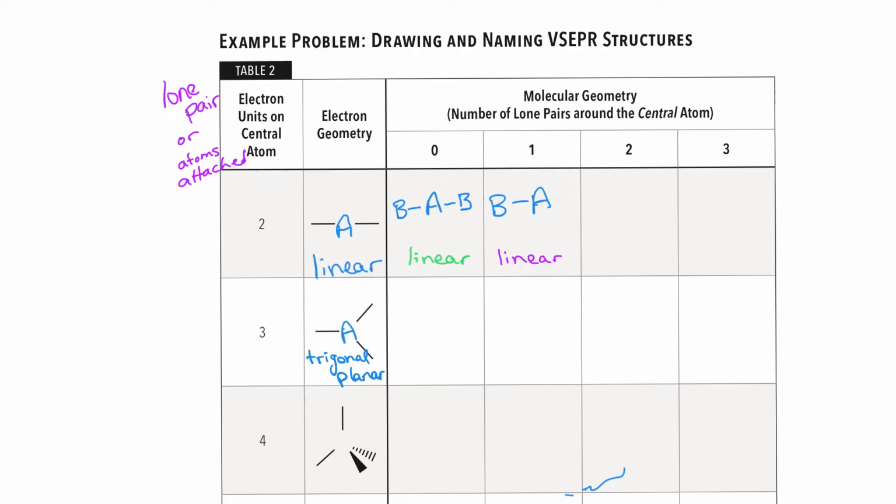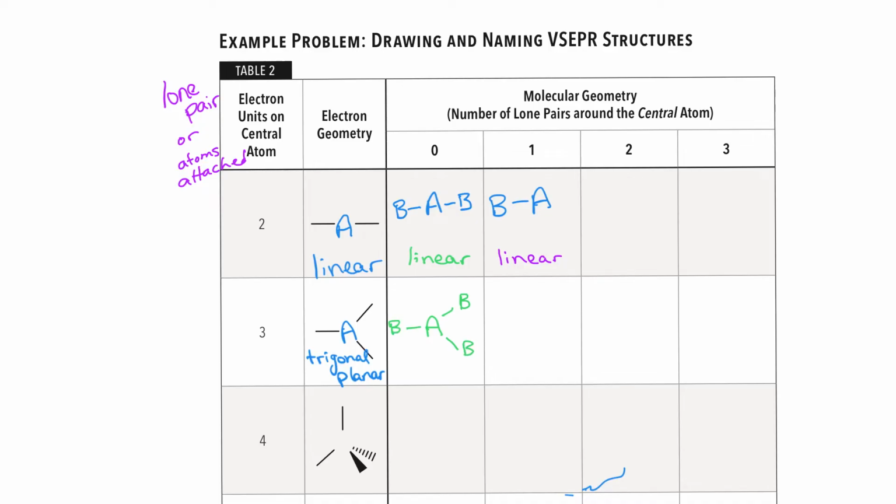So if we go to draw this now with no lone pairs around our central atom, so all of these 3 lines here would have atoms attached with them, we still have the same shape that we started off with.